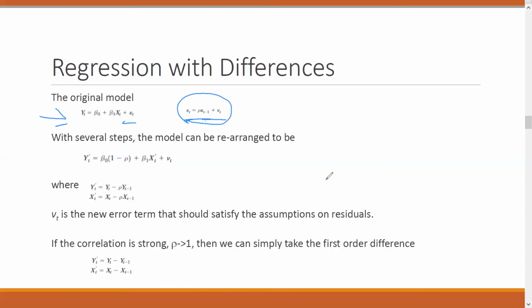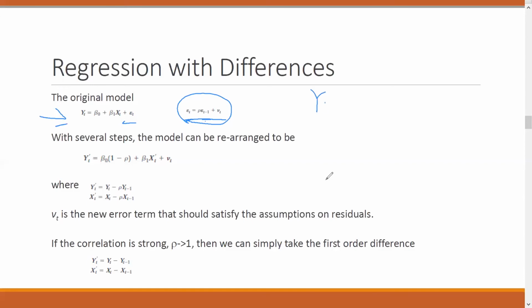So when we take the difference, we basically want to use the current period y minus the past period y. We also want to use the current period x subtracted by the previous period x. Okay, so let me write down the equation for the previous period.